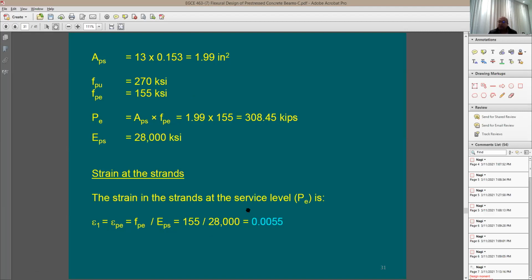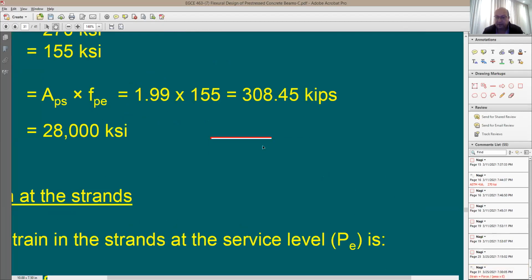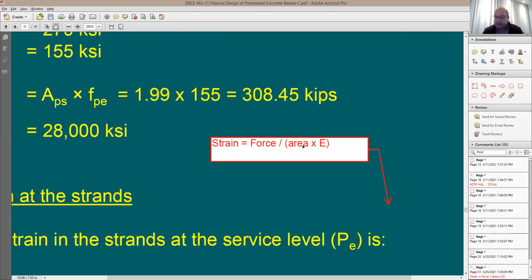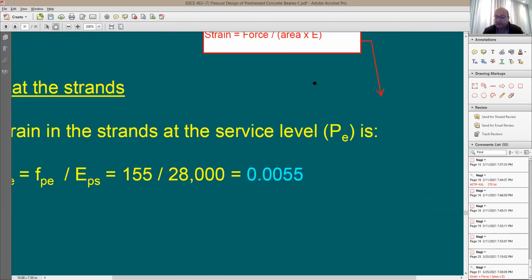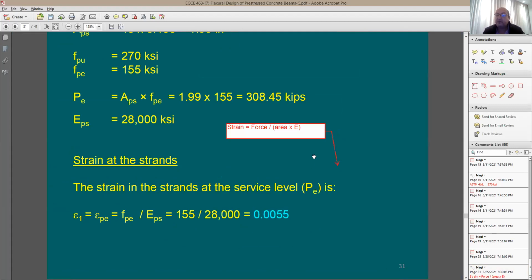The strain is going to be equal to the force divided by area, divided by E, the modulus. So first, you do the force divided by the area to get the stress. And then you divide the stress by E. This is exactly what you're doing here. You take the stress divided by E, and you get some strain.